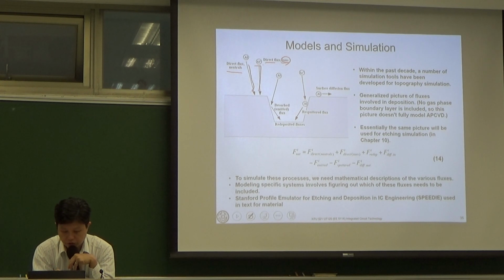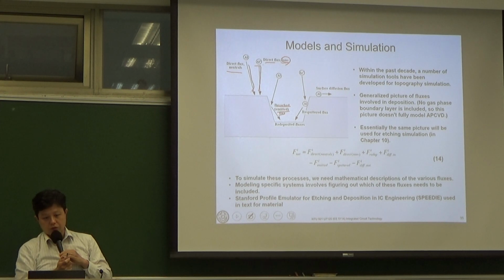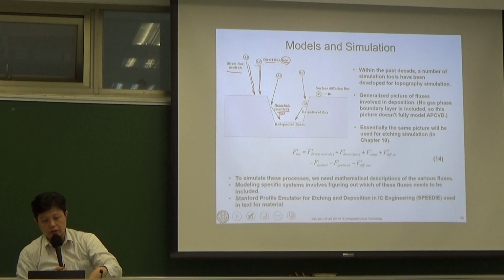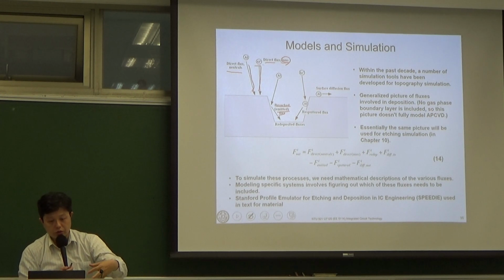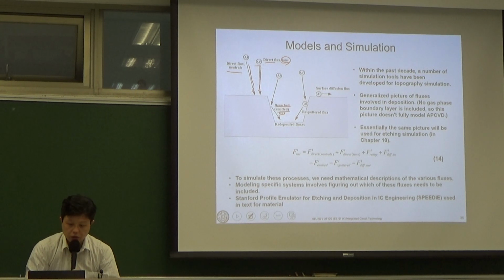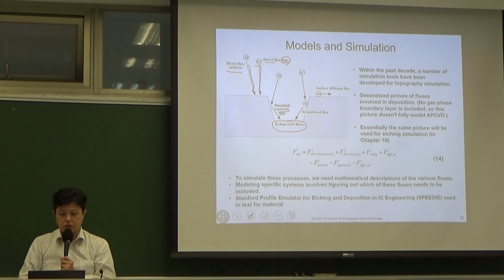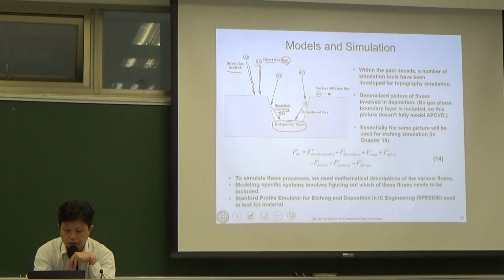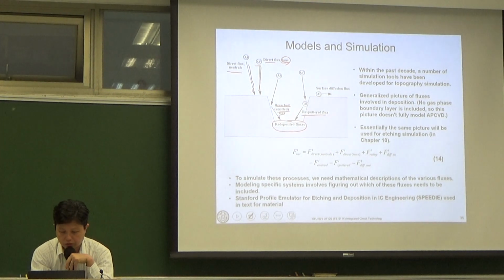And we have this dissolved or emitted flux, which means it comes into one position and will be emitted to the other position. So this is a redeposited flux, and we have some resputtered flux, and also surface diffusion flux.